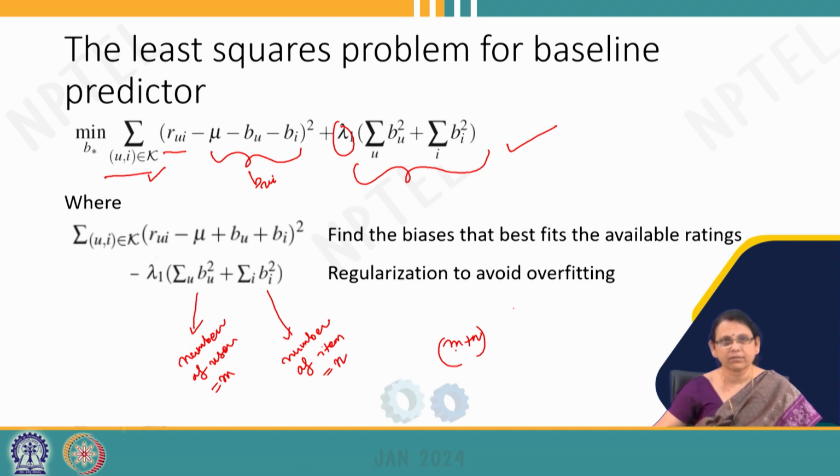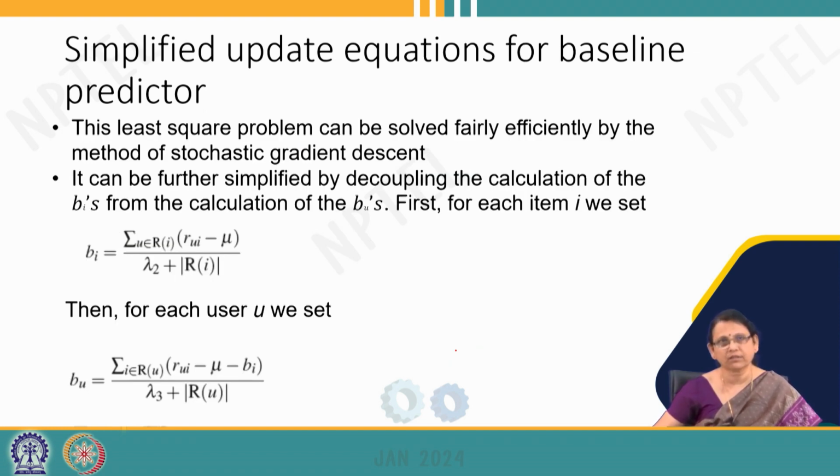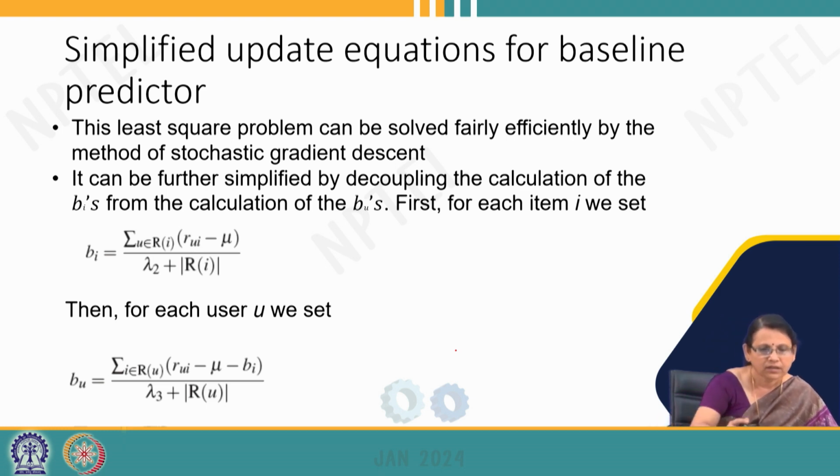You will take the partial derivatives with respect to each of these variables, setting them to 0. You can do it together to run the gradient descent algorithm, or you can do it individually to run stochastic gradient descent. However, we can simplify the situation further. If we assume all the Bus to be known, then we get the model in terms of only Bi, and the value of Bi turns out to be this.